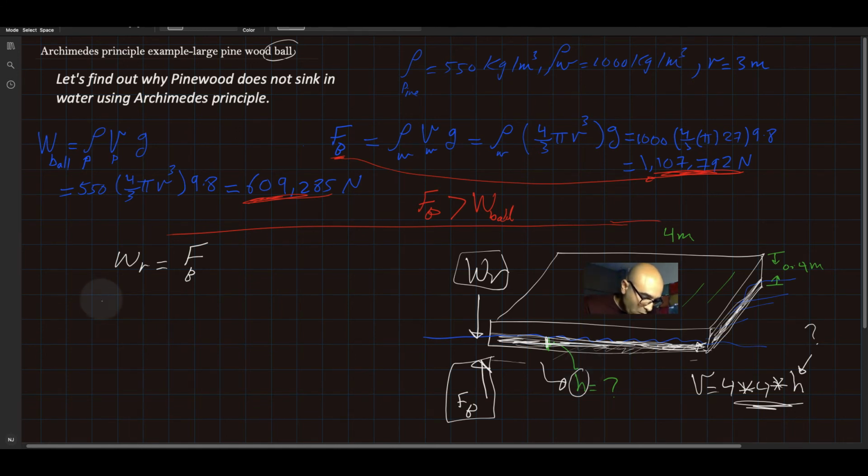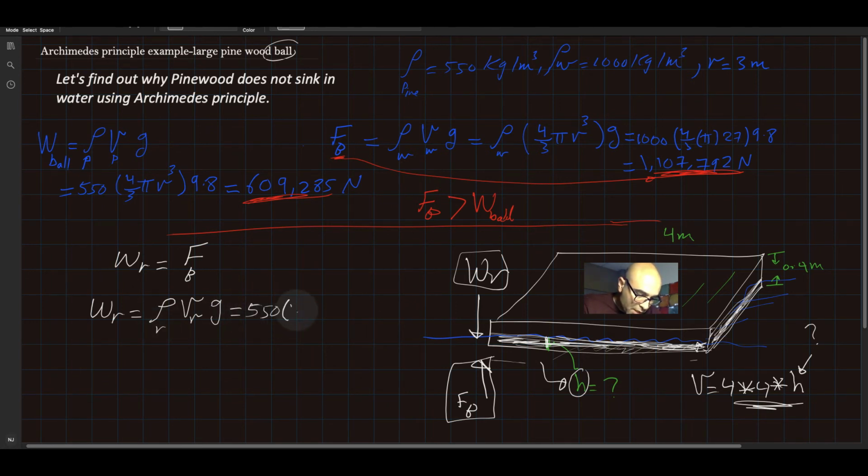Now, what is the weight of the raft? The weight of the raft is equal to the density of the raft times the total volume of the raft times g, and the density of the raft is 550.